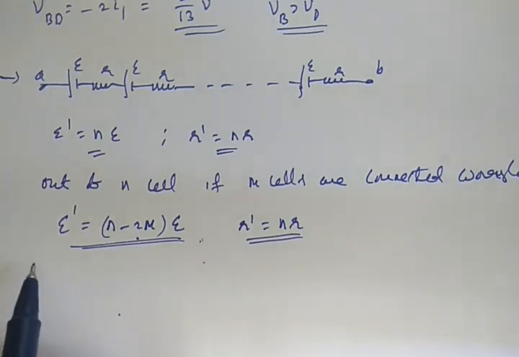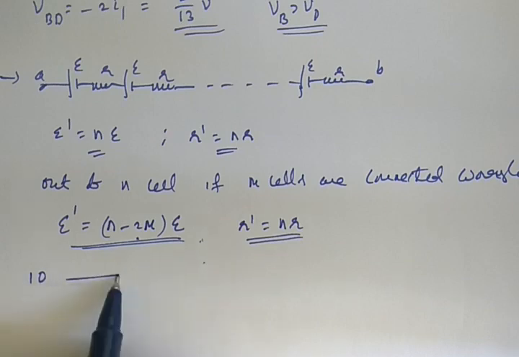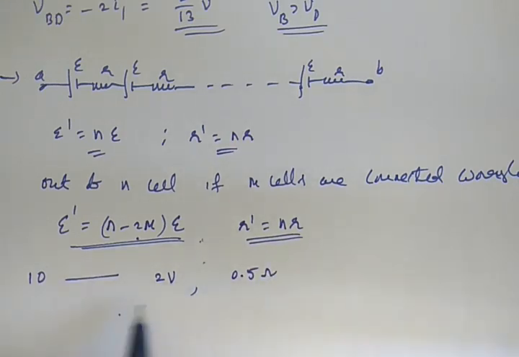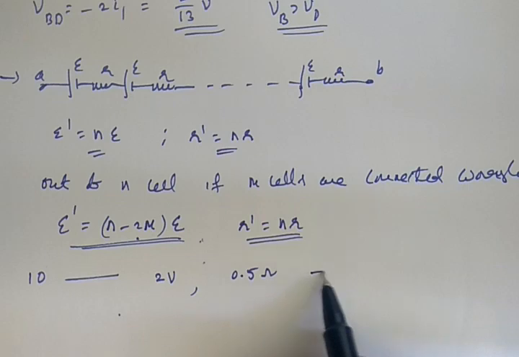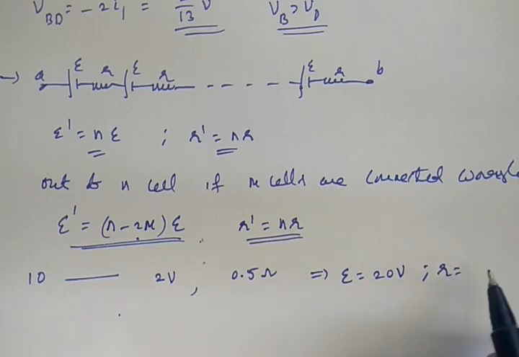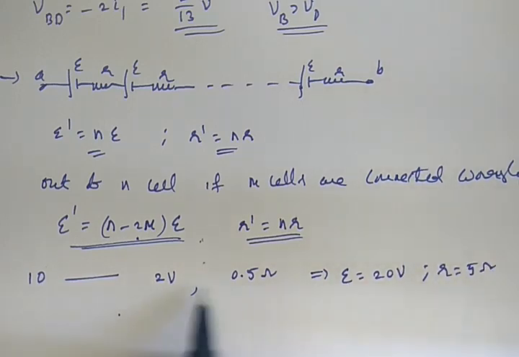For example, there are 10 batteries of EMF, let us say 2 volt, and internal resistance 0.5 ohm. If you connect all these in series, then the effective EMF will be 20 volt and the effective internal resistance will be 5 ohm, because nE is this, nR is that.